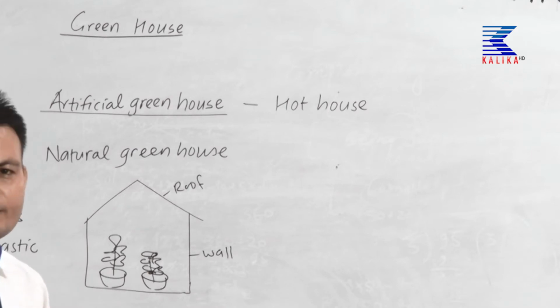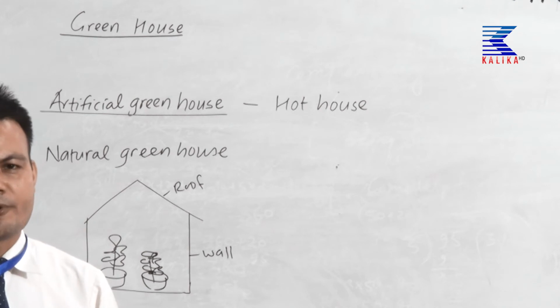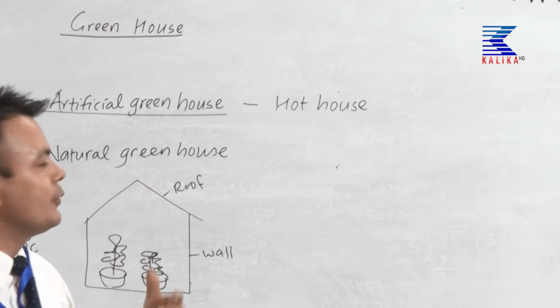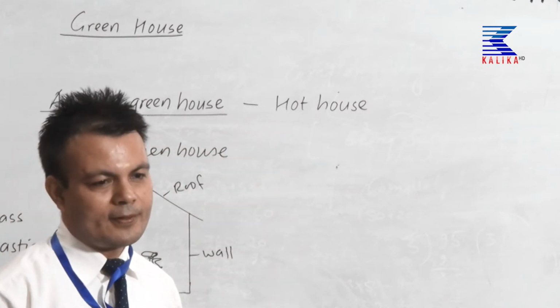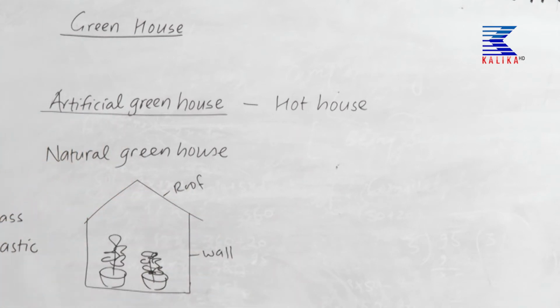For example, some plants grow in the summer, in fact, but we can grow the same plant in the winter inside the hothouse or greenhouse. Why? The temperature inside of it is more. So why is the temperature more inside of it?